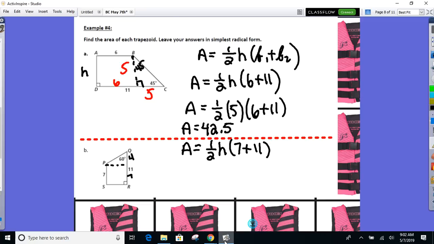Ready? Side across from 30 is 4. Now we got the 4. How do I find the side across from 60? Multiply it by radical 3. Yep.